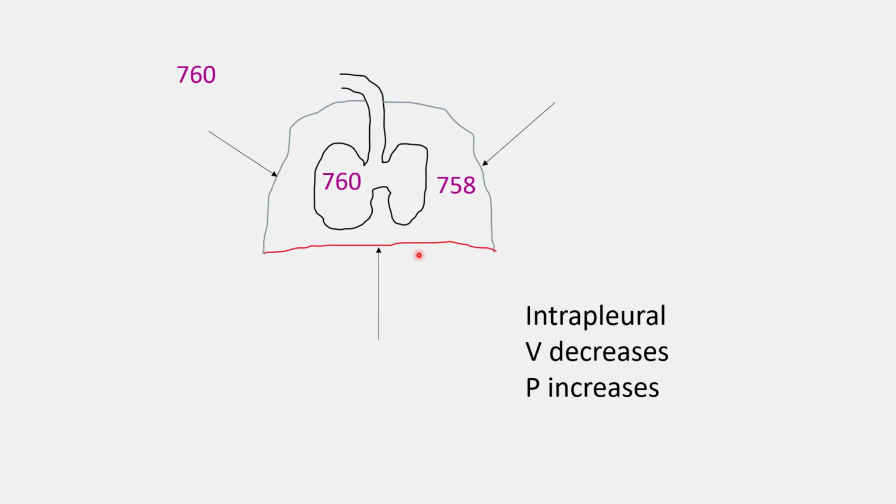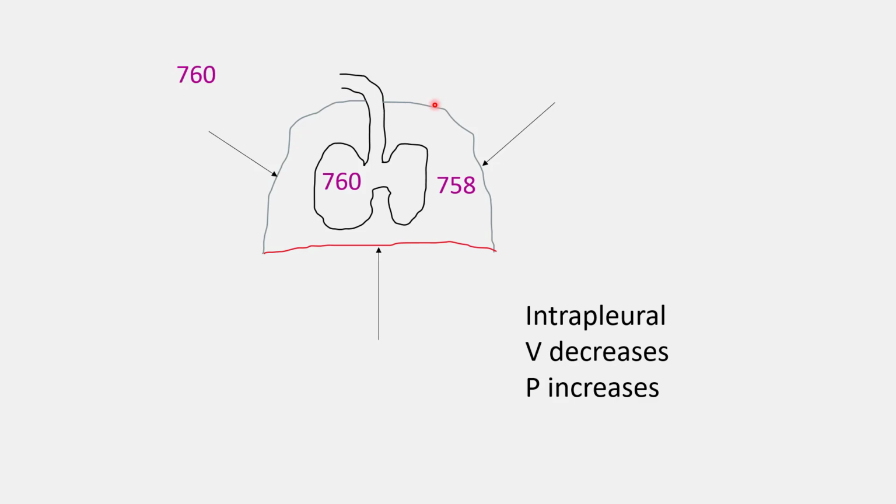It doesn't need to. I'm showing it increase from 756 to now 758. So what does that mean? It means that transpulmonary pressure pulling on the lungs has changed from 4 to 2. We are not stretching the lungs as much.